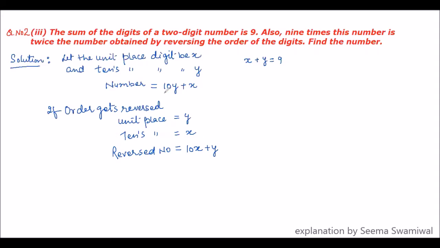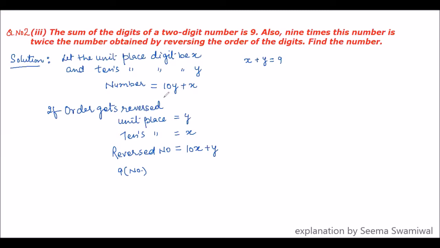So this is our original number and this is the reverse number. Let's go through the question once again. 9 times the original number is twice the number obtained by reversing the digits.